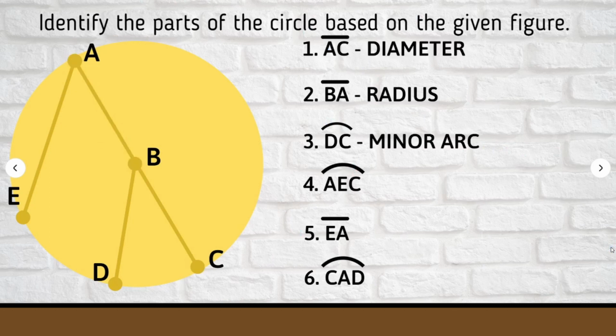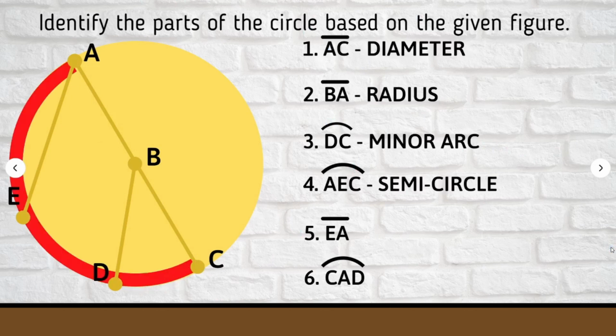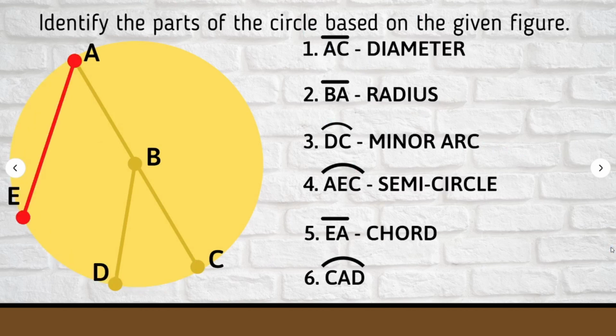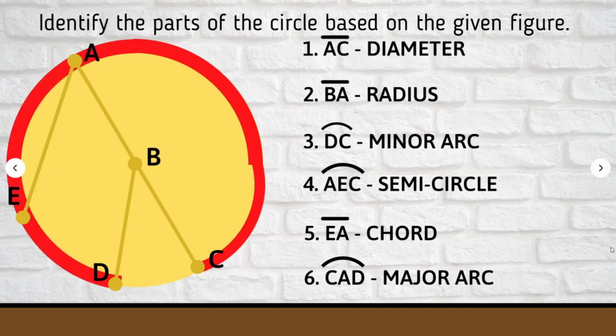Third one is an arc DC, which is the minor arc. Fourth one is the arc AEC, which is a semicircle. Then fifth, line segment EA, which is a chord. Then the last one, arc CAD, which is a major arc.